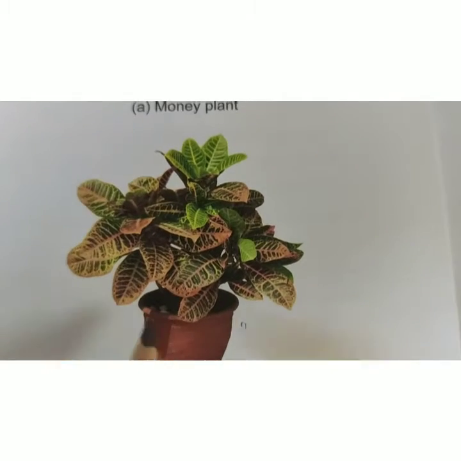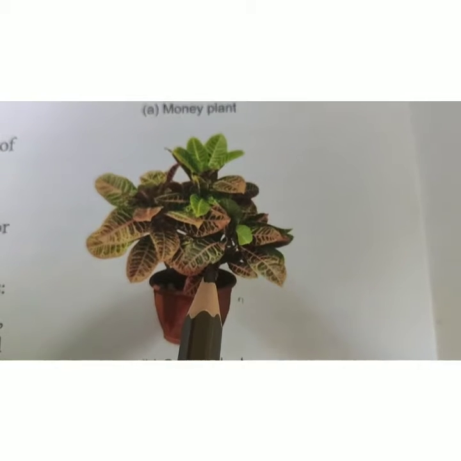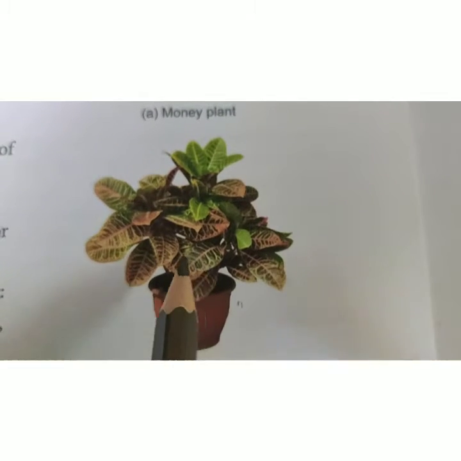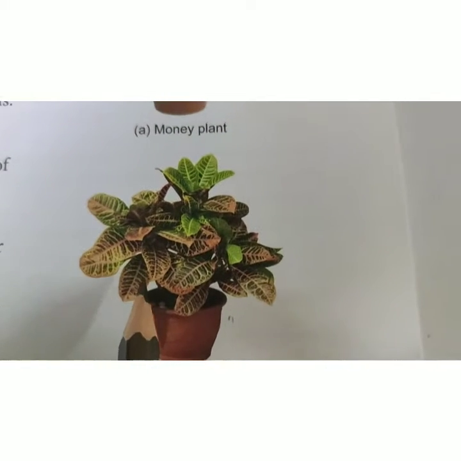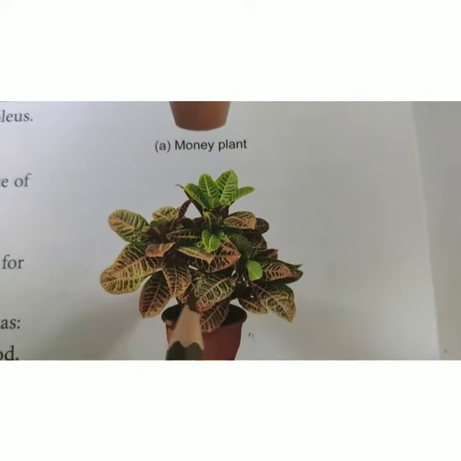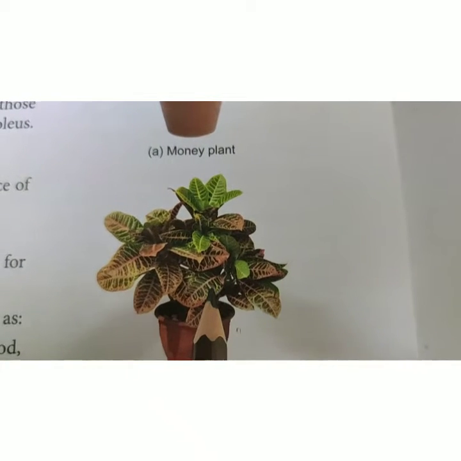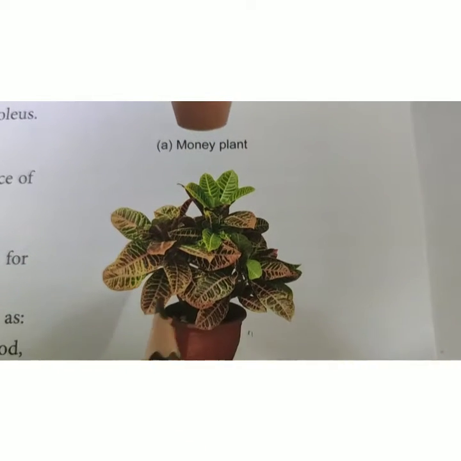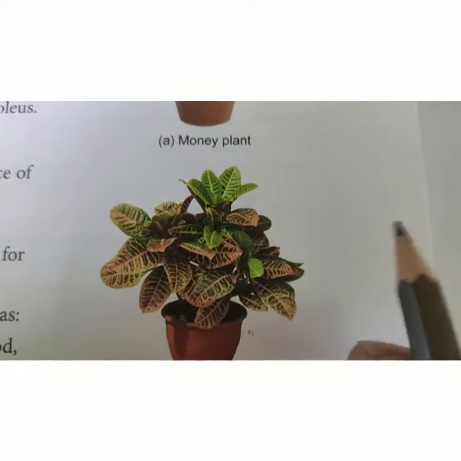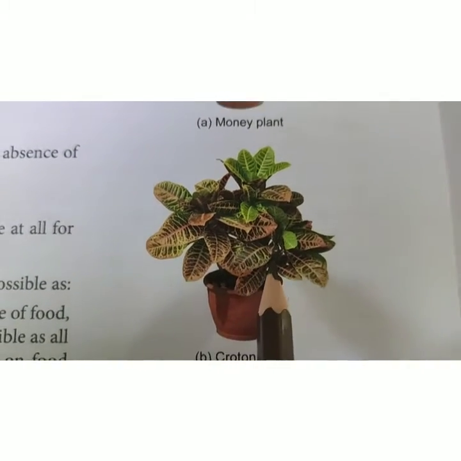So how will these plants carry on photosynthesis? These plants also carry on photosynthesis by the green color. But here the green color is present in these leaves, but it is hidden. You can say masked off, because the other colors overpower that green color.